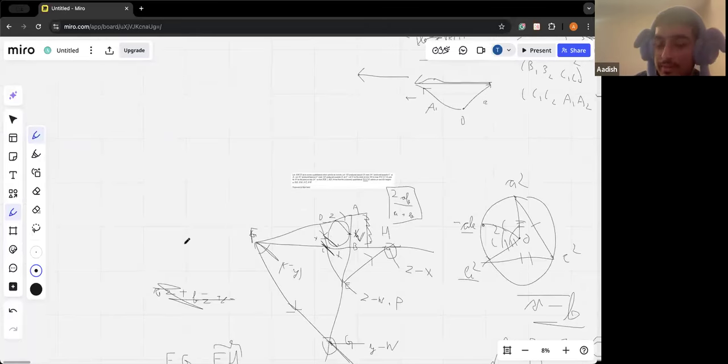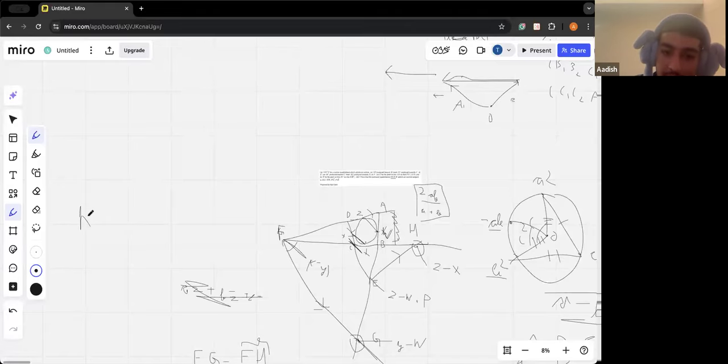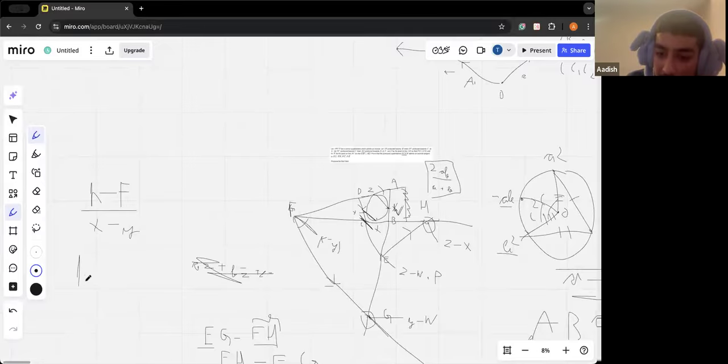I was going to say every point will look like F plus t times X minus Y and then convert parametric to normal, but that's much more obvious. So your equations will be like this: P minus F by X minus Y is real. P minus E by Z minus W is real.